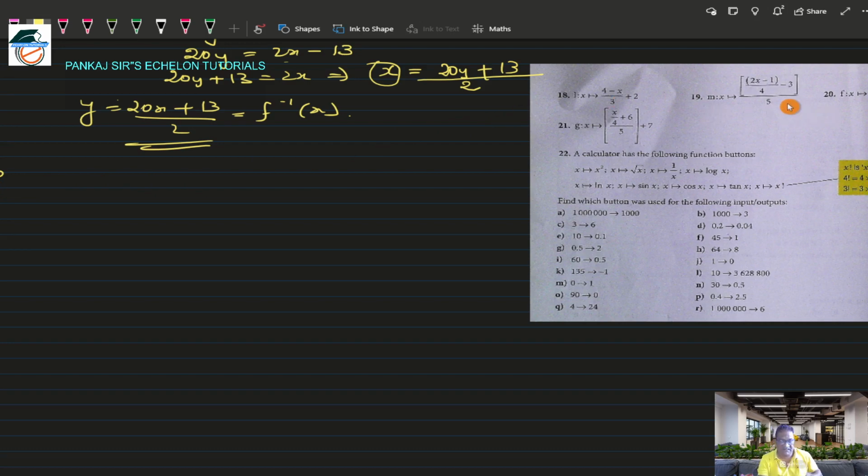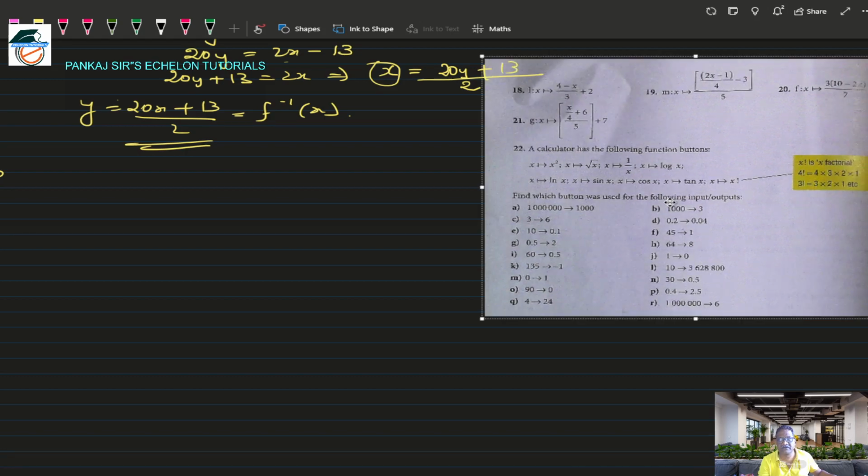Now question number 20, slightly out of screen. Question number 20 says that your f of x is equal to 3 times 10 minus 2x, whole divided by 7.